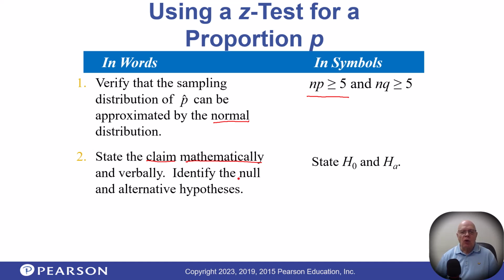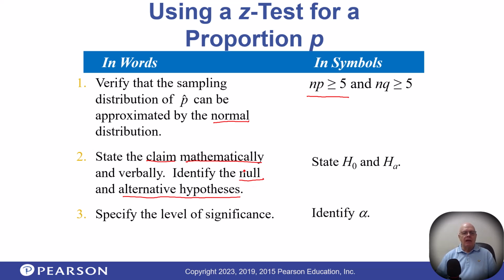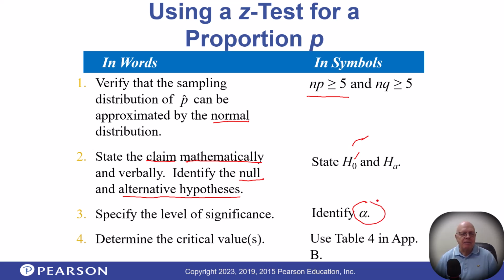The one with the equals, of course, will be the null hypothesis, and the remaining one, the alternative hypothesis. Before you actually do your testing, your collecting of data, specify the level of significance, represented by alpha.